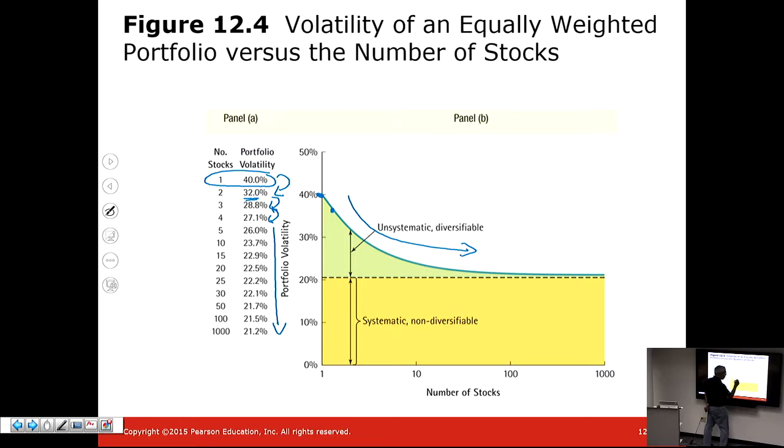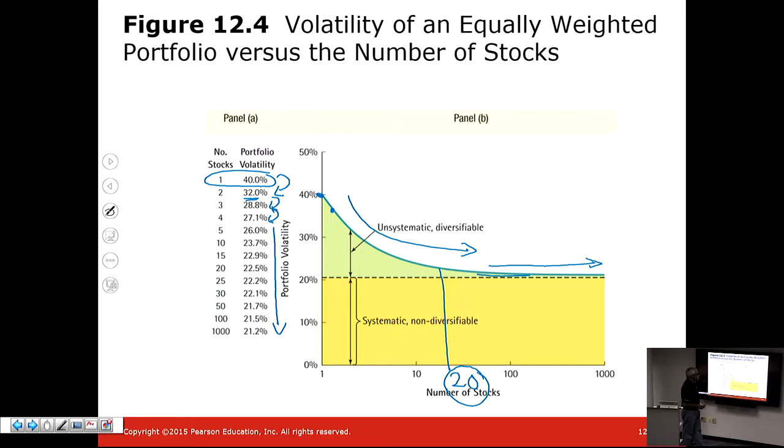That's why this blue line is curving down. But beyond a certain point, like I would say somewhere here, maybe at about 20, it practically becomes a horizontal line, telling us that risk is not reduced any further.